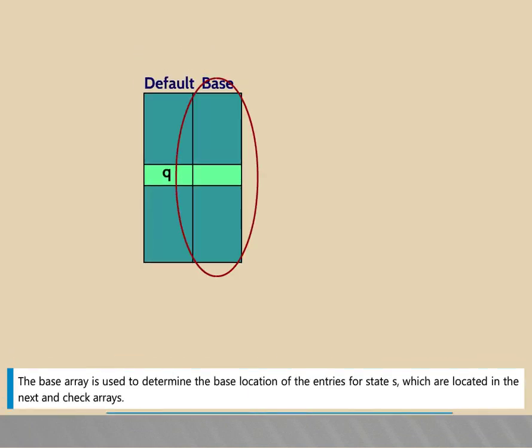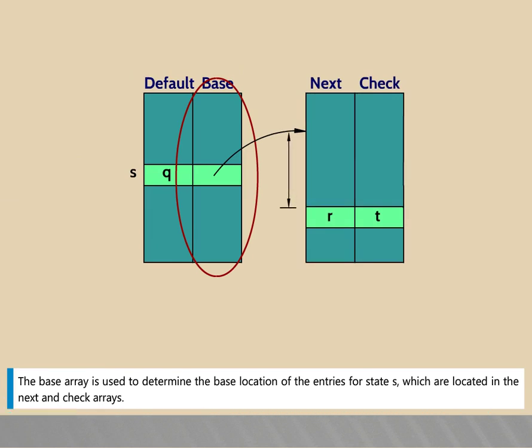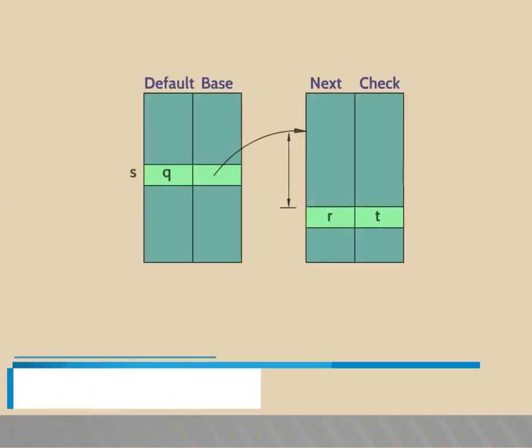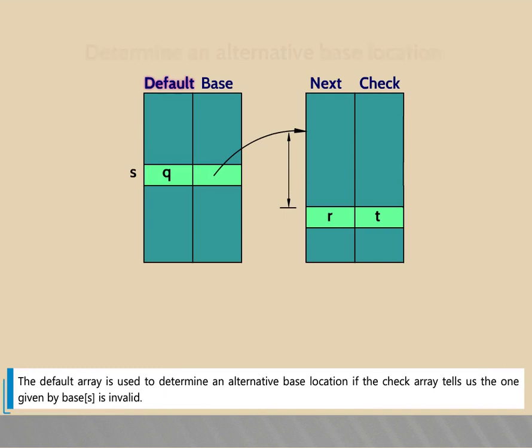The base array is used to determine the base location of the entries for state s, which are located in the next and check arrays. The default array is used to determine an alternative base location if the check array tells us the one given by base of s is invalid.